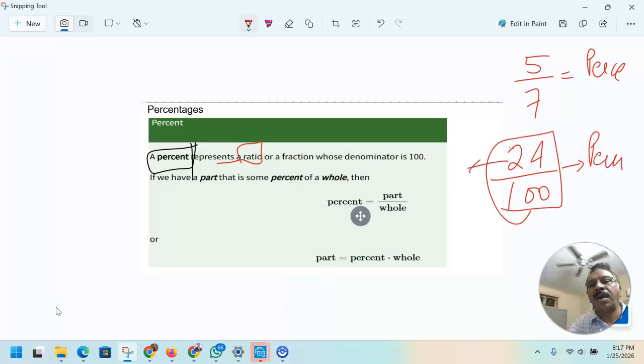So that means the top part is called the part and the bottom part is called the whole.